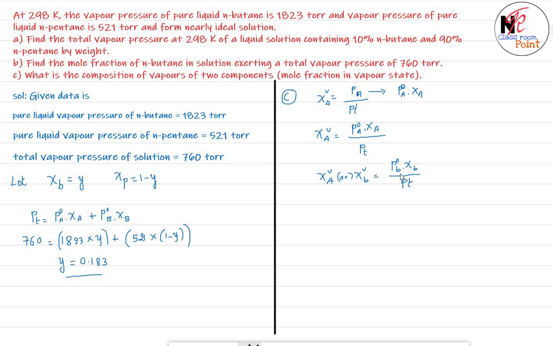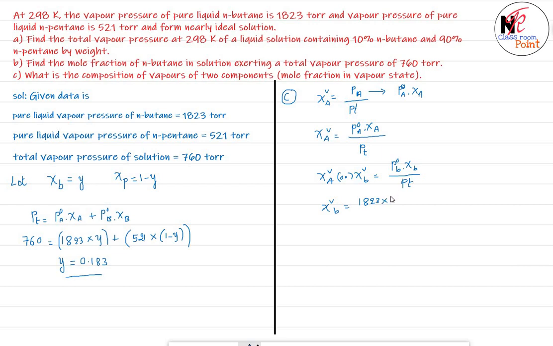I am considering it from option A because it is the main question. The pure vapor pressure given is 1823 torr, into its mole fraction.